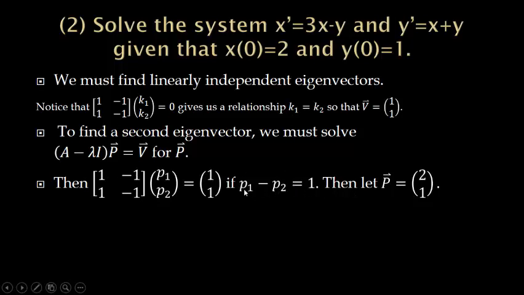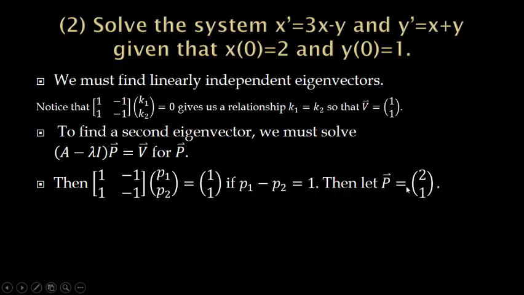Again, you could plug any numbers in for p1 and p2. I have let p1 equal 2 and let p2 equal 1. Again, you could have used other numbers. You could have had 3, 2, 6, 5.